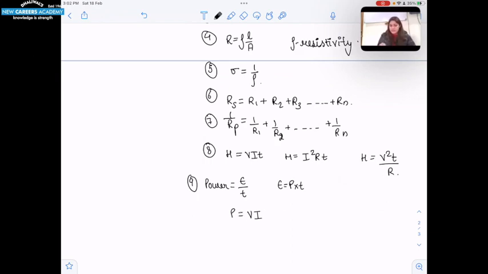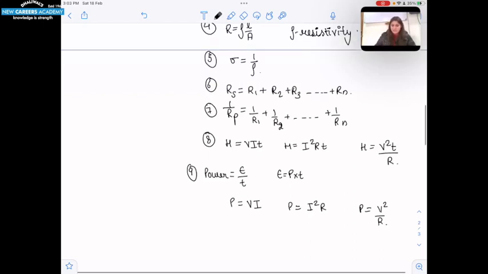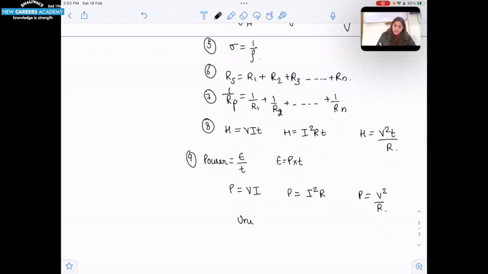This is a very, very important formula. Next is I square into R, and last formula for power is V square by R. Okay. When we talk about 1 unit of electricity, we take it in kilowatt hour. What is the unit of power?